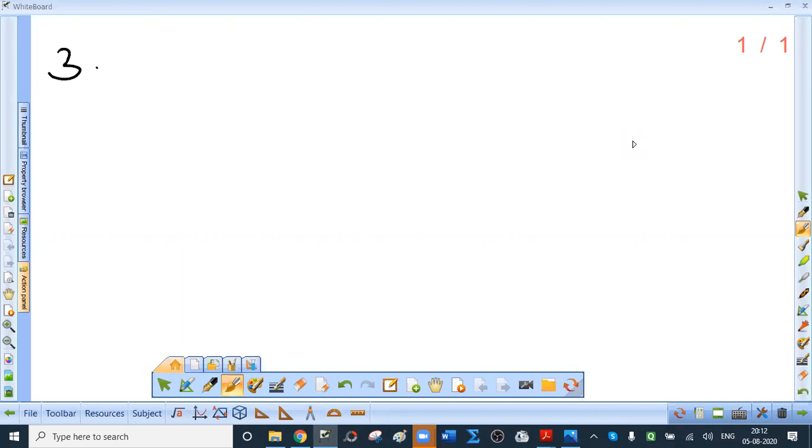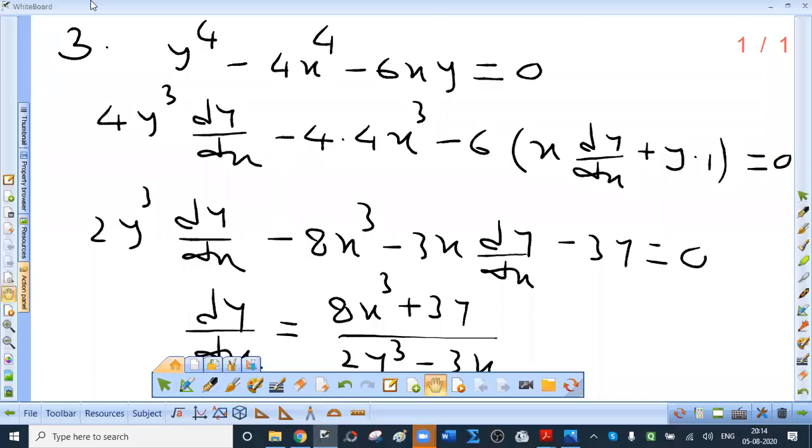Now if slope of the tangent is say A, what is the slope of the normal? Minus 1 upon A. Normal also passes through (1, 2), so you can get the equation of normal. Okay, so find out. Differentiating both sides of y raised to 4 minus 4x raised to 4 minus 6xy equal to 0, now find out dy/dx.